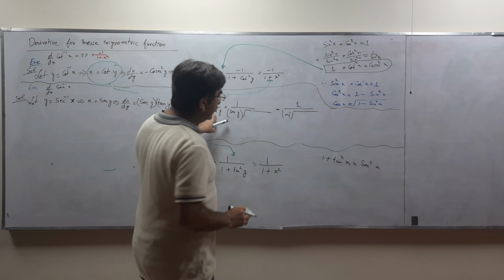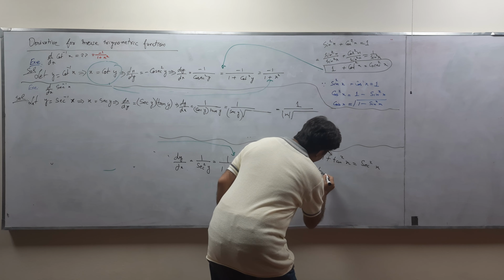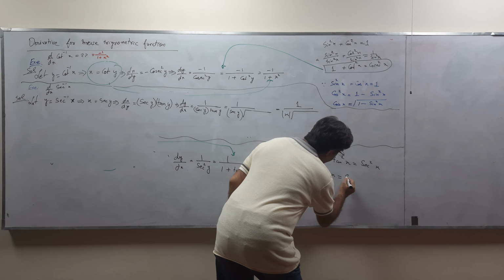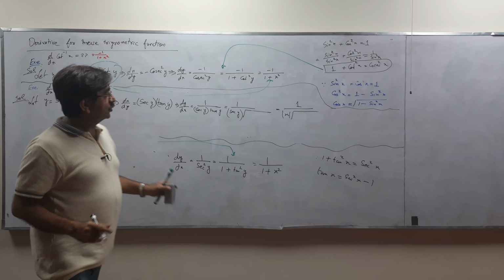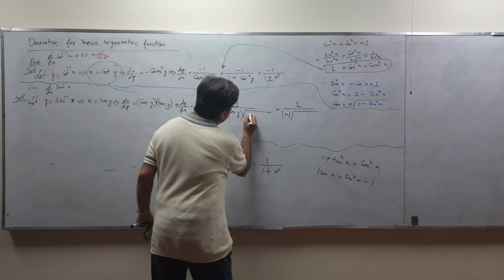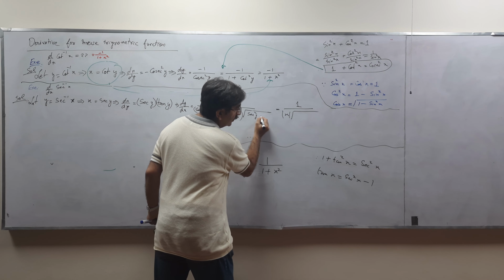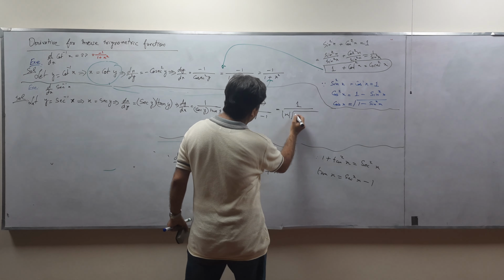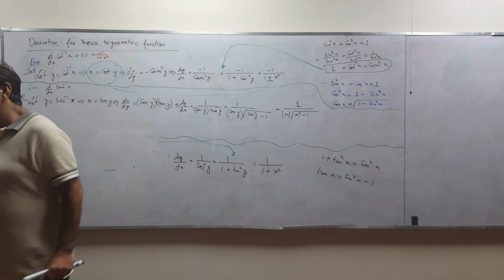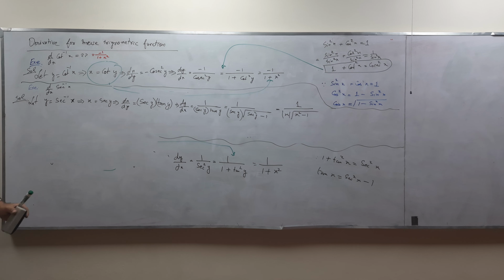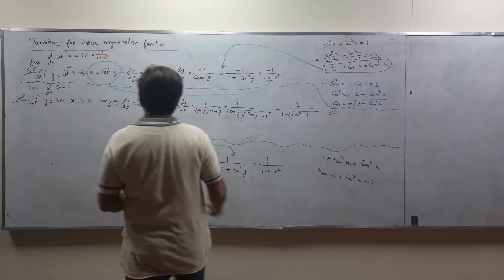You are right, this implies that tan square y will be equal to secant square y minus 1. So this must be secant square y minus 1, and here it will be x square minus 1. Thanks for the correction. Sorry for the mistake.